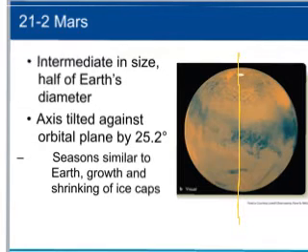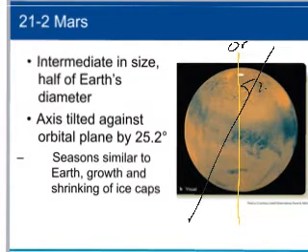Its axis is tilted against the orbital plane by about 25 degrees. If we call this the orbital plane right here, it actually is tilted by 25.2 degrees against that plane. The image here shows it not tilted, but it is observed by astronomers and measured to be a tilt of 25.2 degrees.